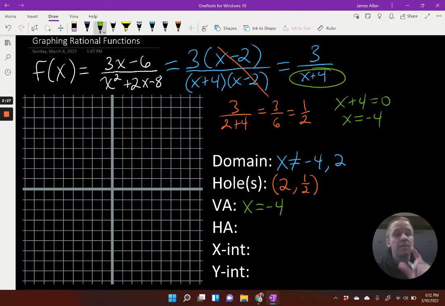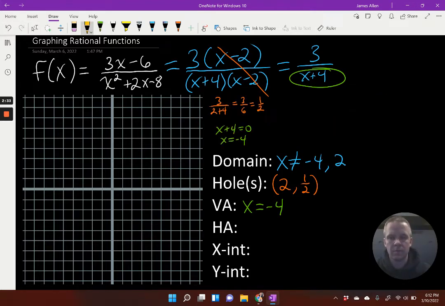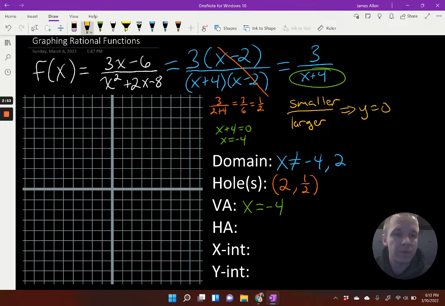All right, next up is the horizontal asymptote. For the horizontal asymptote, we have 3 rules. Quick refresher on those rules. If the degree, the exponent, of my numerator is smaller and the degree of the denominator is larger, so smaller over larger, then I'm going to have y equals 0.